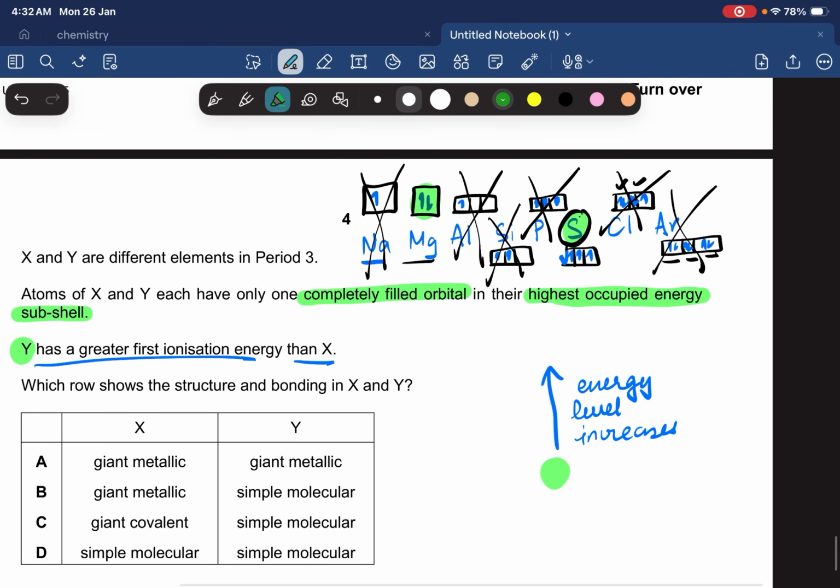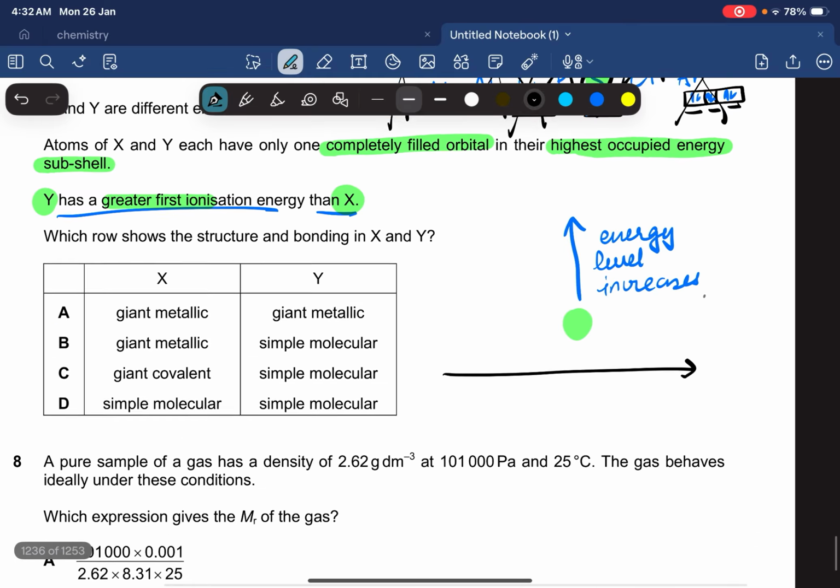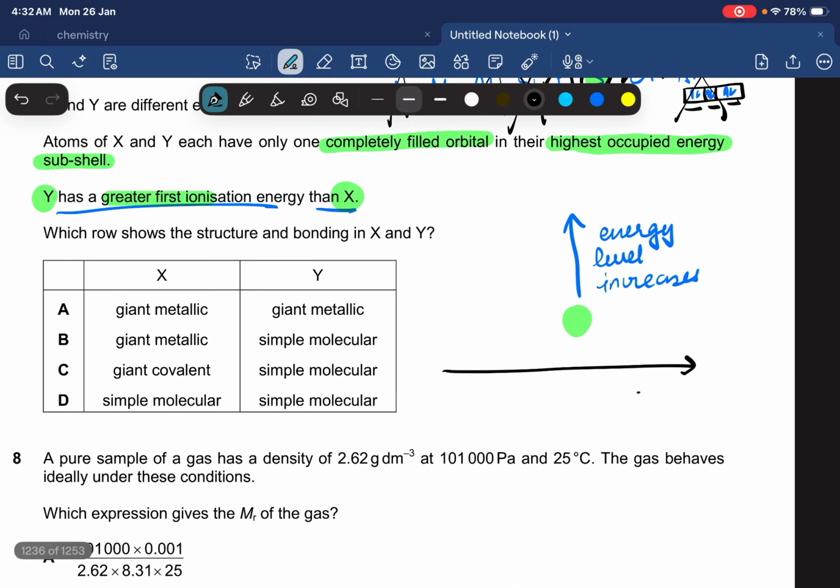Y has a greater first ionization energy than X. You should know that across a period, the ionization energy increases. So Y has a greater first ionization energy, so Y is going to be here and X is going to be here.